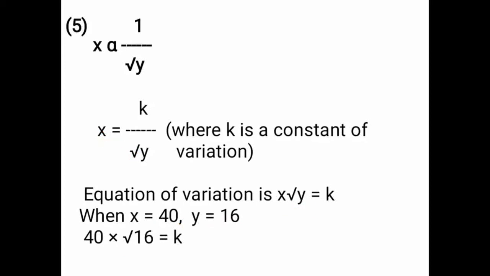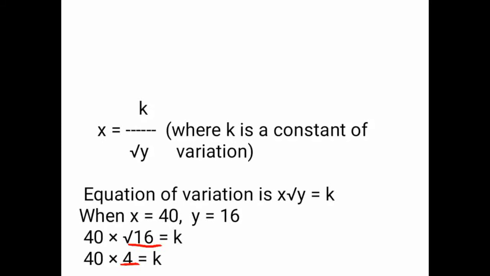Now the next step, you have to find the square root of 16. 40 write as it is, 40 into square root of 16 find. That is 40 into 4 is equal to k. Square root of 16 is 4, because 4 4s are 16. When you find the square root, you have to write the number only one time. For the square of a number, you write it 2 times and multiply.